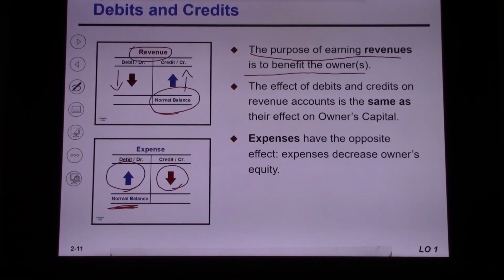Revenue increases in the credit side. Expenses are the opposite of revenue, so they increase in the debit side. And when I ask you for the normal balance of any account, it will be on the increase side. So for expenses, the normal balance is in debit, while for revenue, the normal balance is in the credit side.